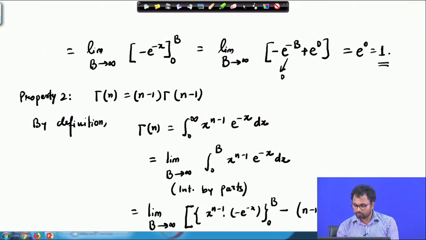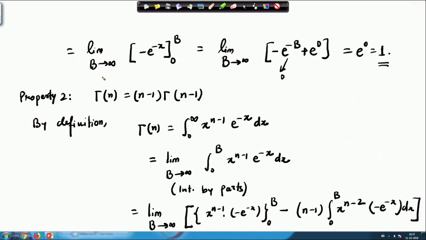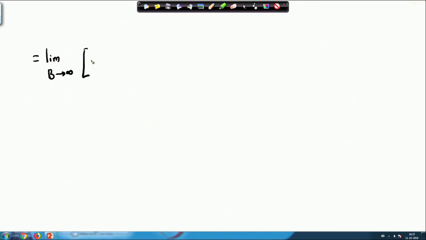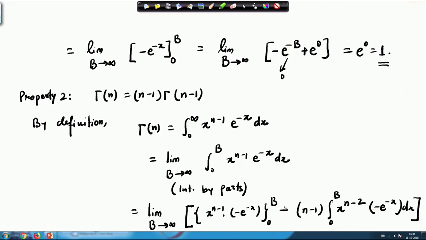Here we will obtain the limit as b goes to infinity of minus b to the power n minus 1 e to the power minus b plus 0 to the power n minus 1 e to the power minus 0, and then this one is minus n minus 1 times the integral from 0 to b of x to the power n minus 2, and then this minus will come here.